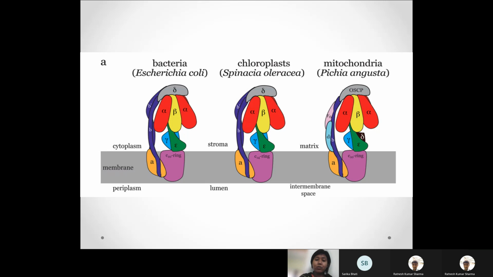Or if it is in the mitochondria, then the mitochondrial intermembrane space has a lot more protons than the mitochondrial matrix. And so the protons are going to be moving in, and that is going to be turning this C ring. Part of the proton channel is also formed by this A subunit. So this entire complex has a lot of functions.